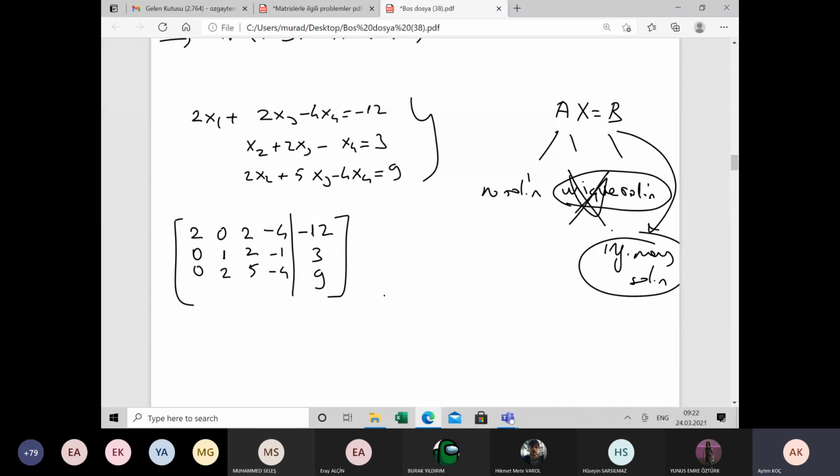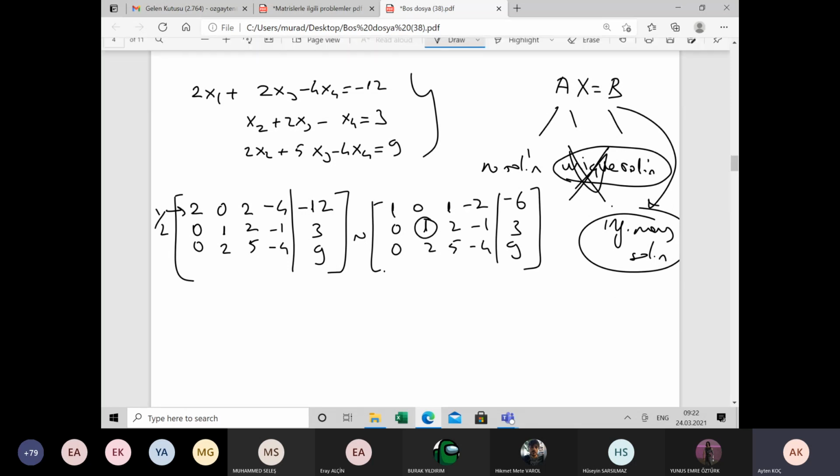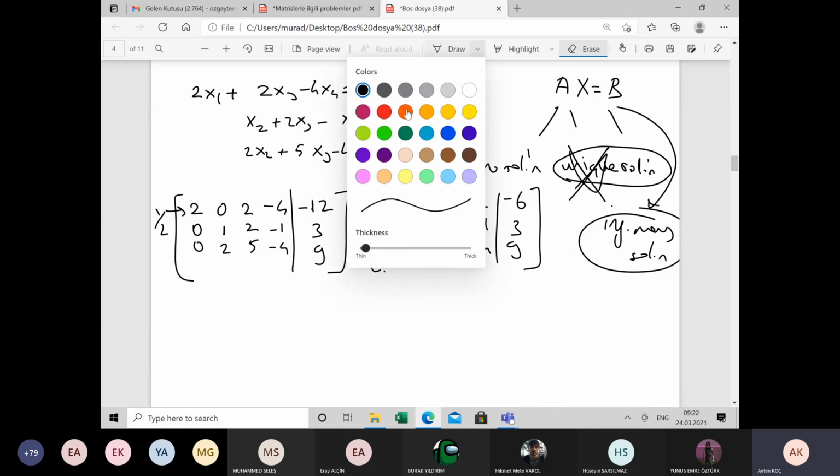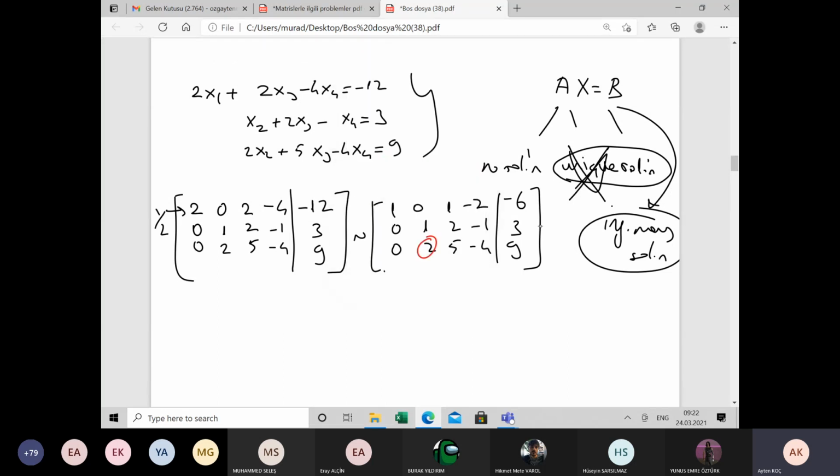To get 1 here, multiply by 1 over 2: 1, 0, 1, -2, 3. Second row: 0, 1, 2, -1, 3. Third row: 0, 2, 5, -4, 9. The next step is to get 0 in this position. Take the leading one and multiply by -2.